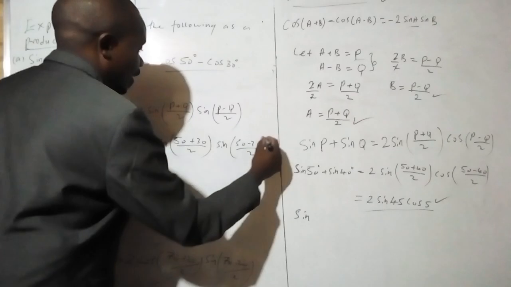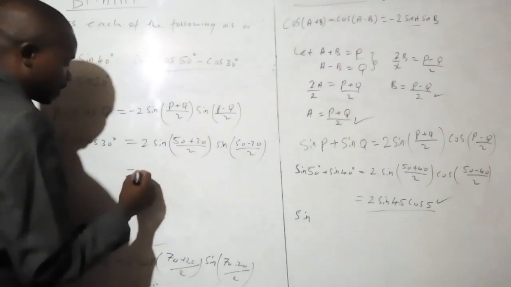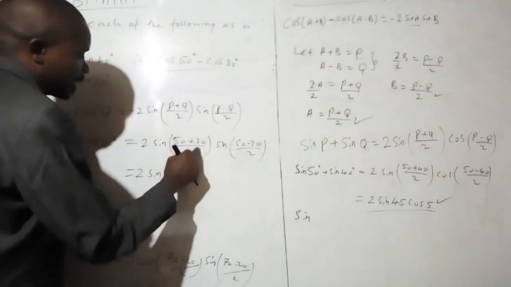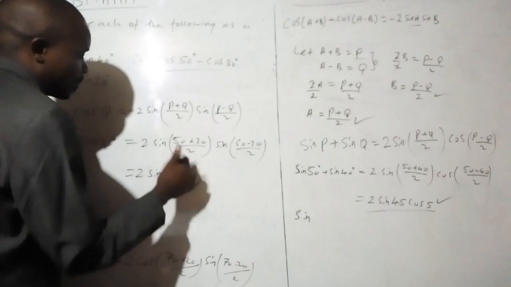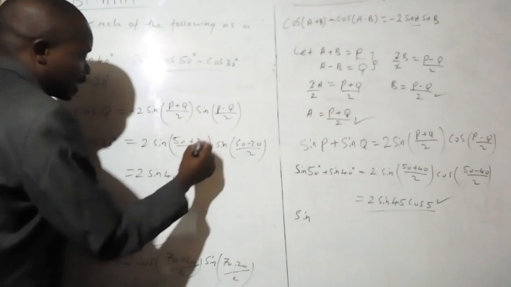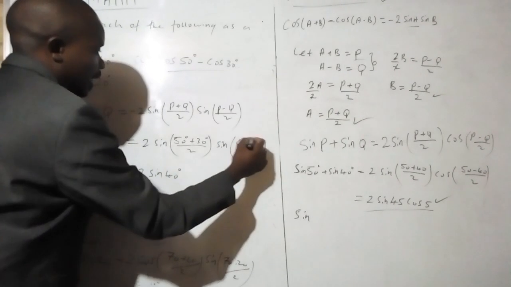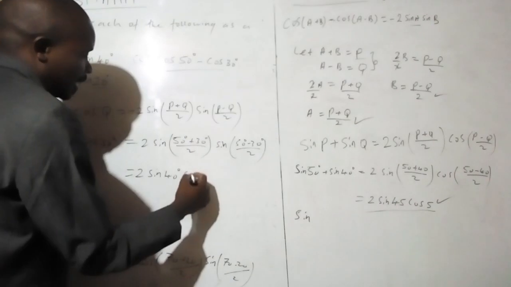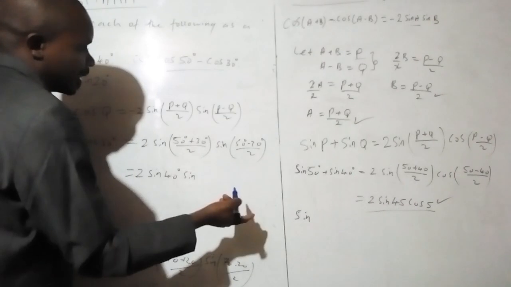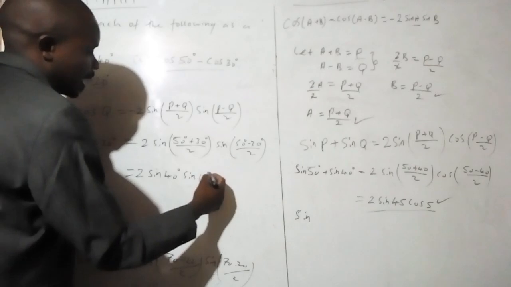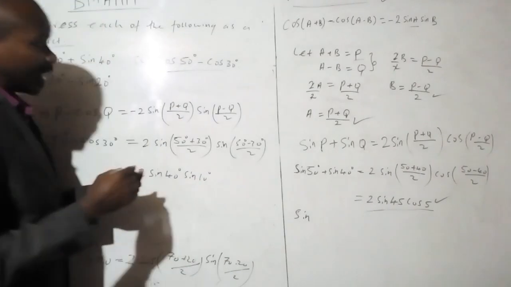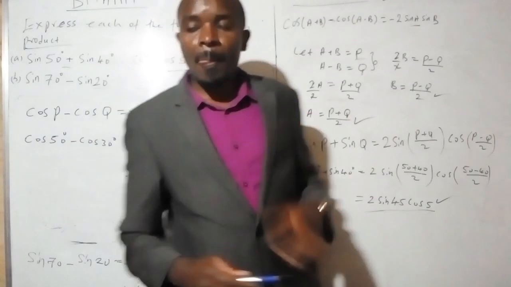We get 2 sine of 50 plus 30, 80, divided by 2, 40 degrees. All these are in degrees. Then sine of 50 minus 30 is 20. 20 divided by 2 is 10 degrees. And that's how we are supposed to solve that question.